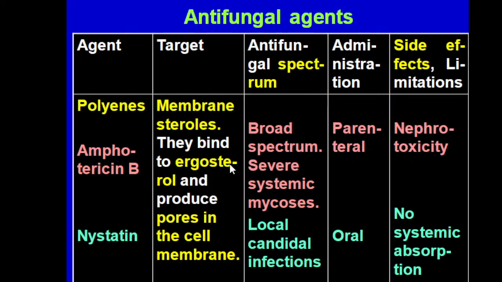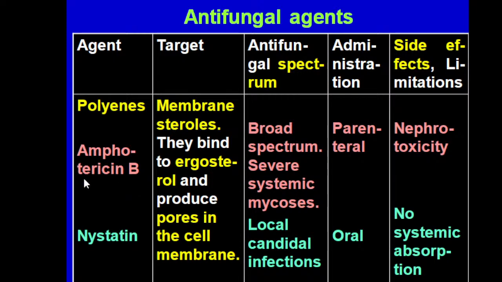So polyenes affect the ergosterol by producing pores in the cell membrane directly. These drugs bind with the ergosterol and change its structure and make pores in the cell membrane.